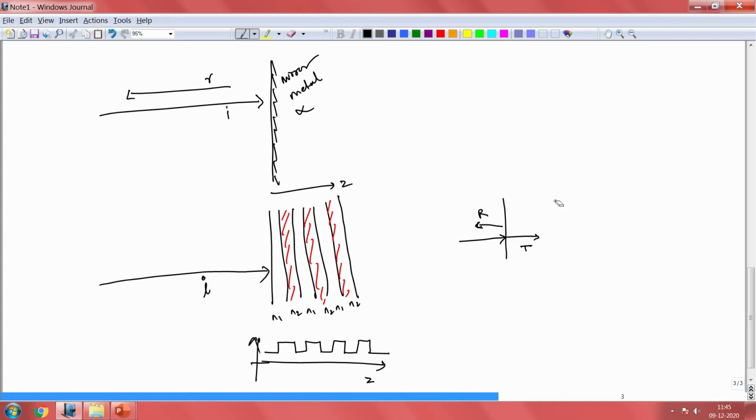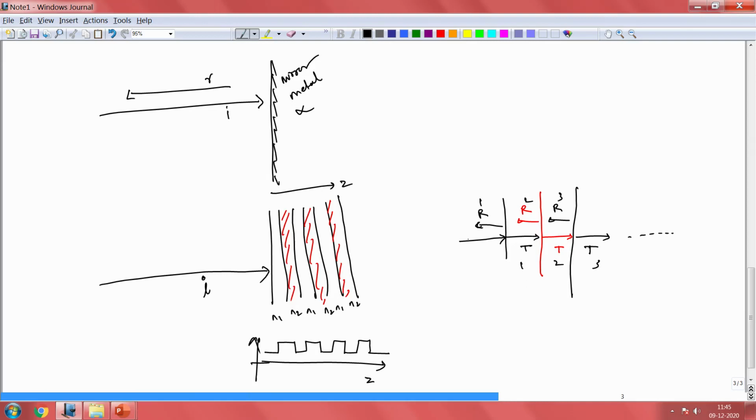Let me pick up a different color. So, what happens when I put another surface here? Here again there will be transmission and there will be reflection, and now again I put another here. So, again there will be transmission and there will be reflection, and this goes on, right. So, now you can see there is successive transmission, 1, 2, 3 let us say, and then successive reflection again 1, 2, 3.